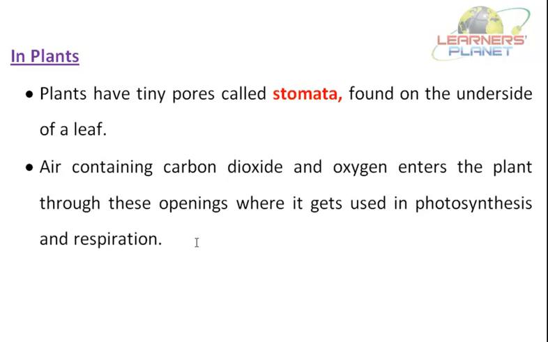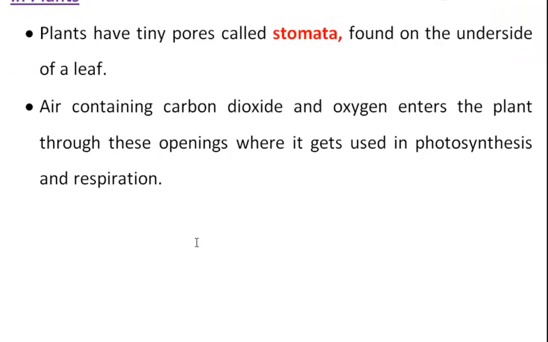It helps plants to make their own food, and this process is known as photosynthesis, which means preparation or manufacturing of food in the presence of sunlight and chlorophyll. Now let us see how air supports life in animals.